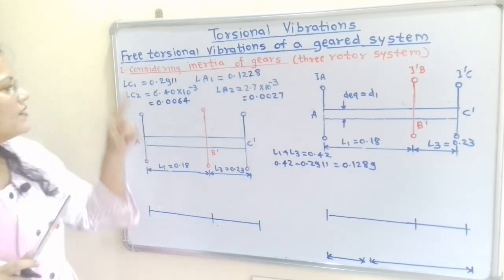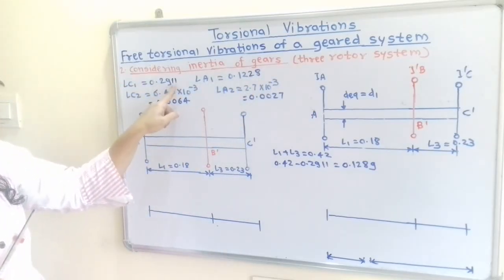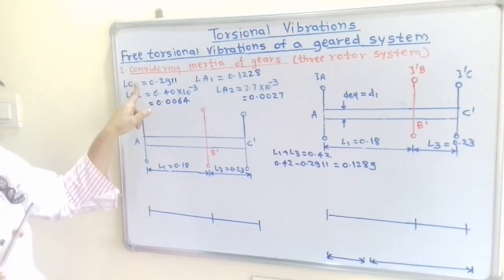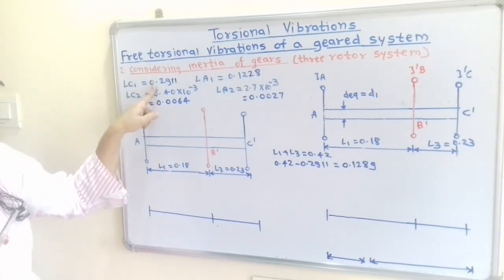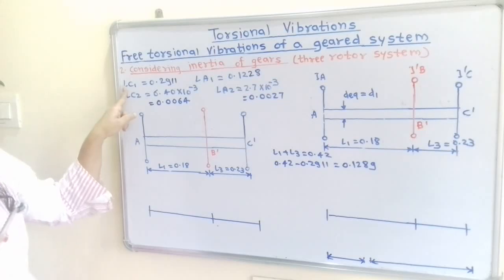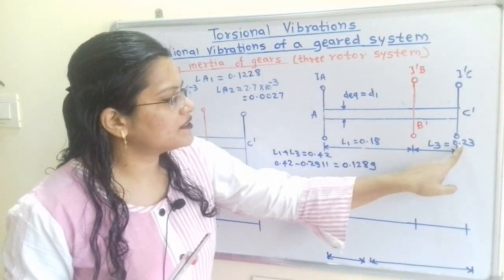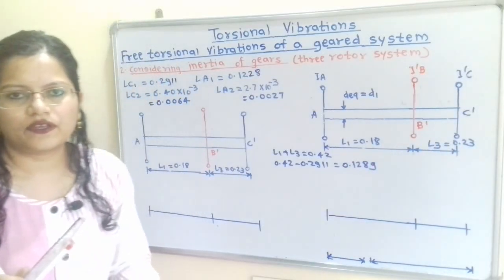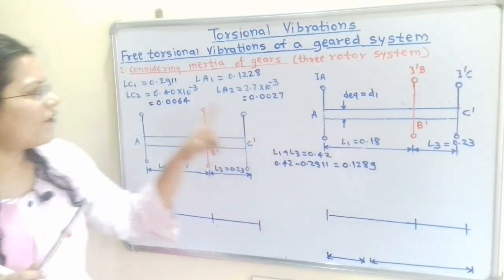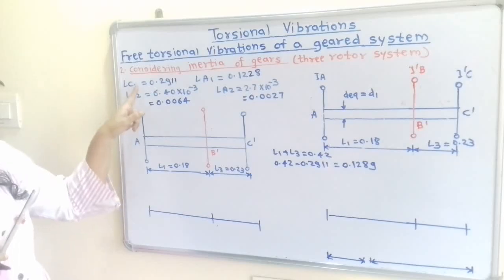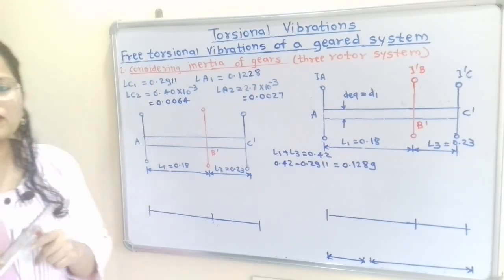0.1228 and LC1 0.2911. So if we observe, the distance of the node position from the rotor C is 0.2911 but the L3 is 0.23. So we will first take this point, that is the node position from the rotor C dash.